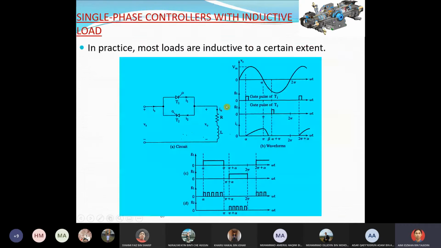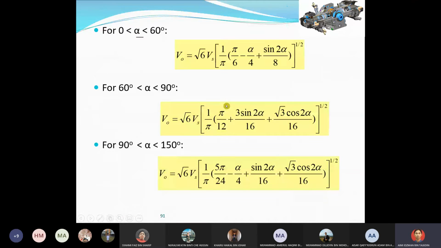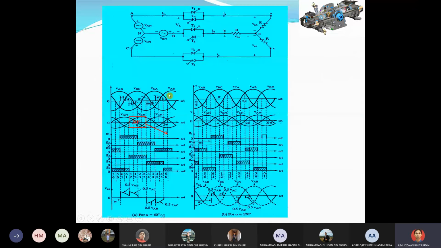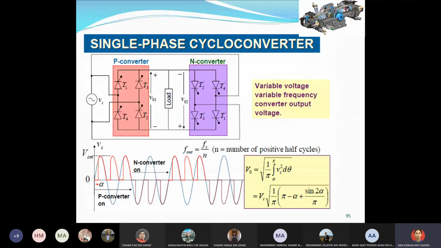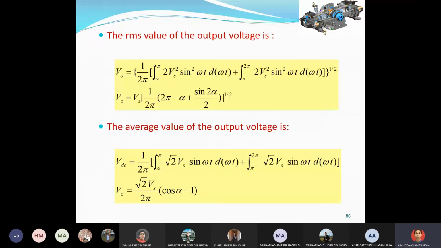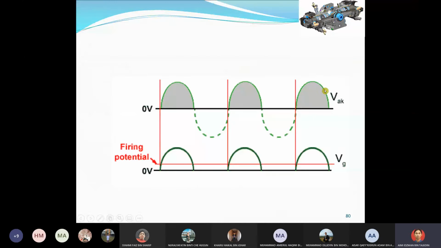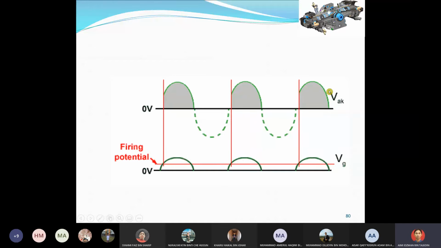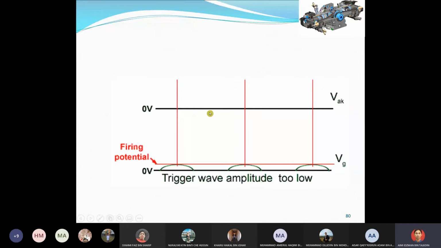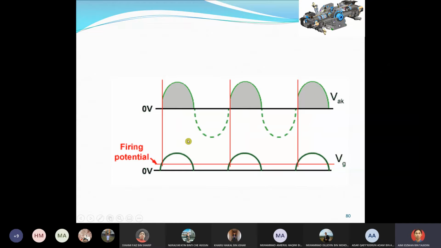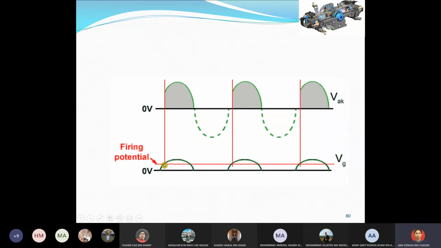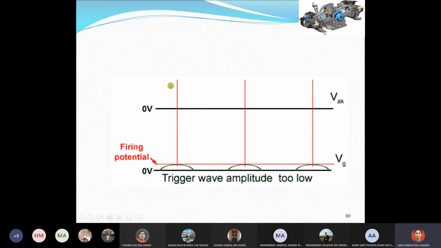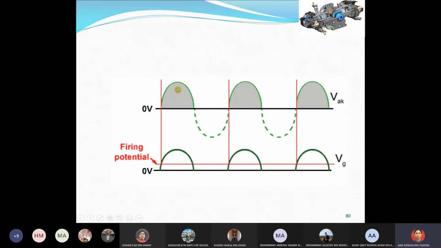Okay, let's say, I just want to check first. VAK. Okay, VAB tak ada. Okay, tak ada. Okay, so VAK. So apa yang kamu akan nampak dekat VAK ni? So this is firing potential. So bila kita fire, okay, so apa yang kita nampak sebenarnya?